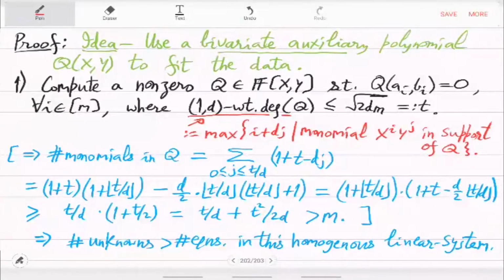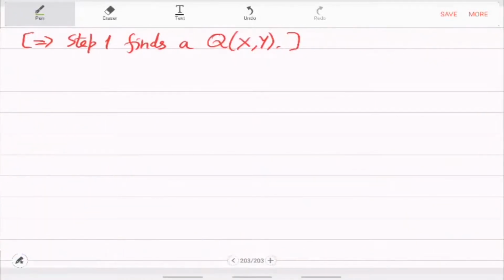Once you have this Q, what you do is factorize, factor Q. So that's step 2.